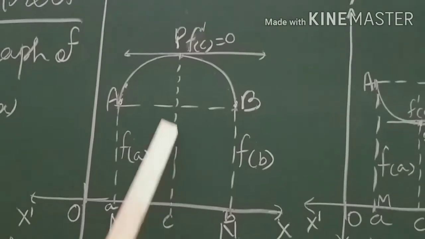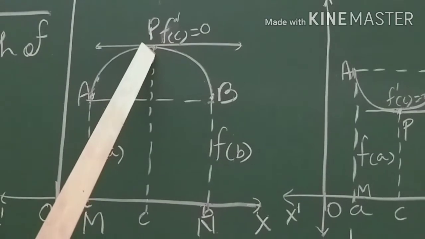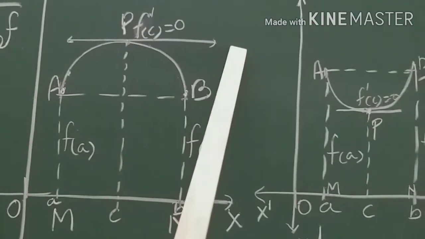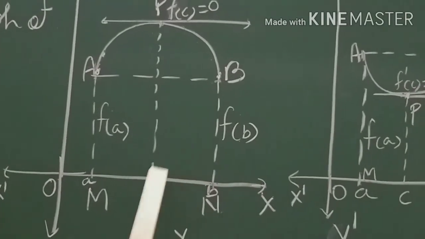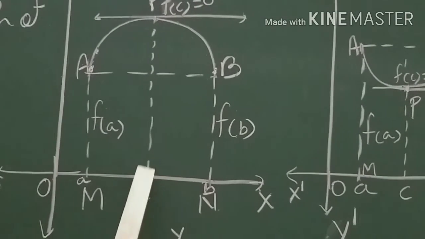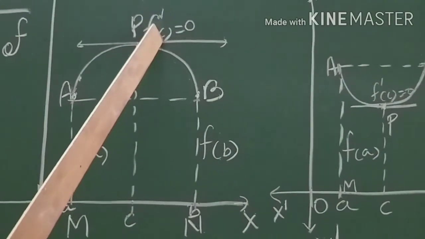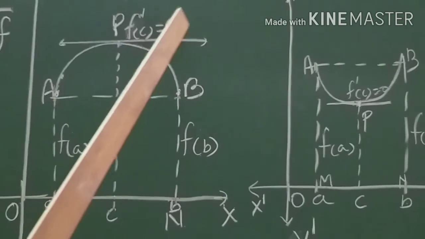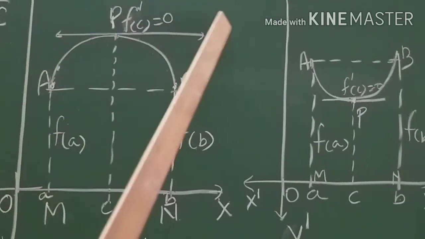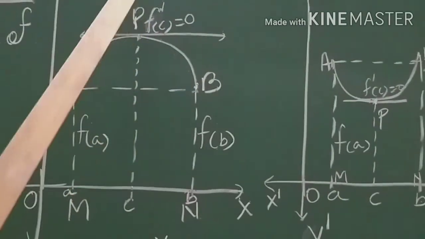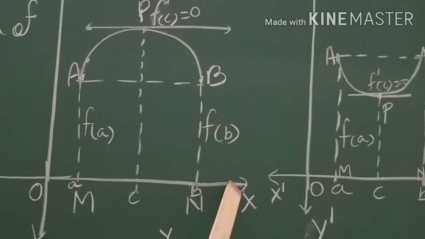So in this graph there is a point P at which the tangent drawn at P is parallel to the x-axis, it means the value of dy by dx, or you can say f dash c, equals 0, because the differentiation at this point is 0, which shows the tangent is parallel to the x-axis.